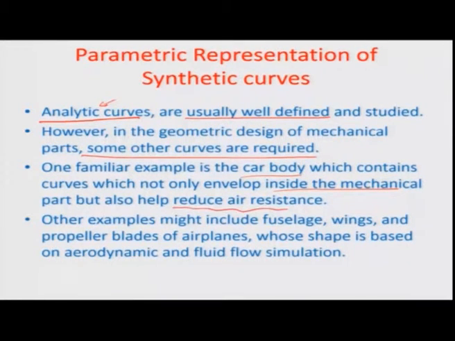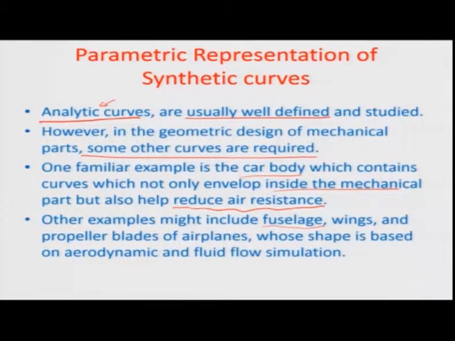For example, in a car, or the fuselage, wings, or even the propeller blades in an aircraft, each has a different functional aspect by virtue of the contouring that it defines. Essentially it guides the fluid past it in a certain manner, which will result in either reduced air resistance in some cases, or getting the corresponding lift in other cases, and so on.